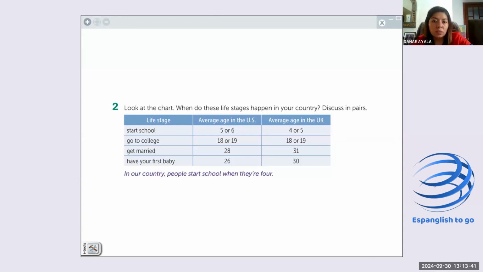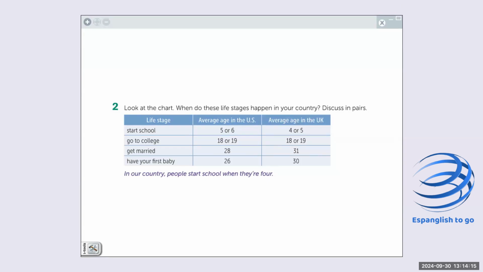It's 18 or 19, similar to the United Kingdom. What's the average age in the UK to get married? 31, yes.